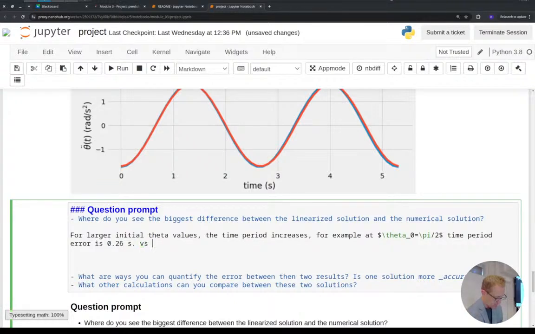So this is different for small angles, e.g. theta 0 equals 18 degrees.